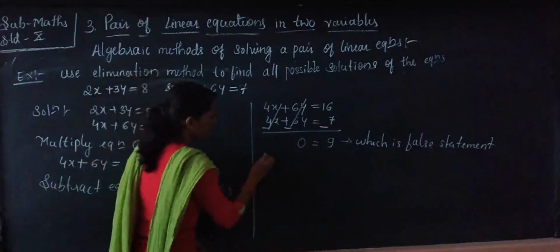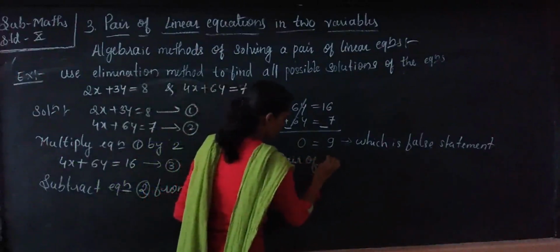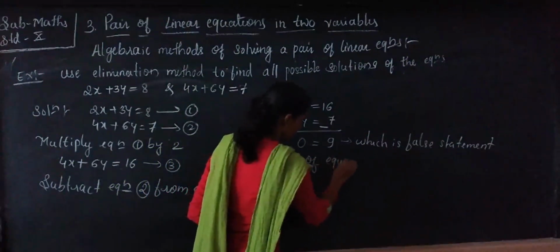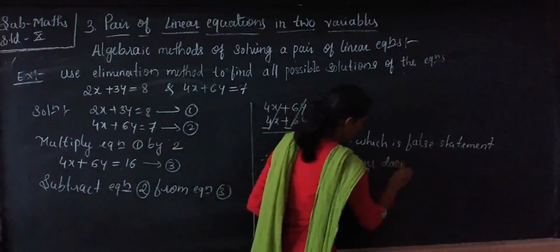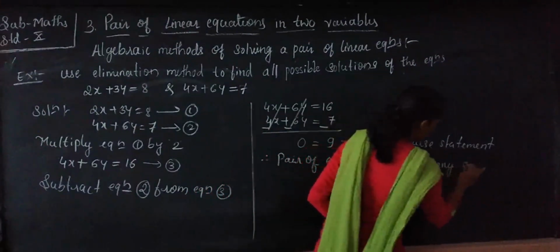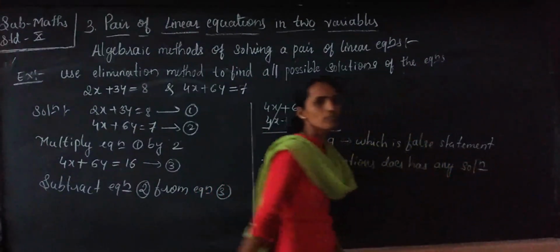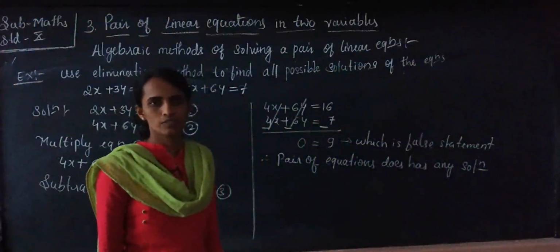Therefore, the pair of linear equations does not have any solutions. Yes or no?